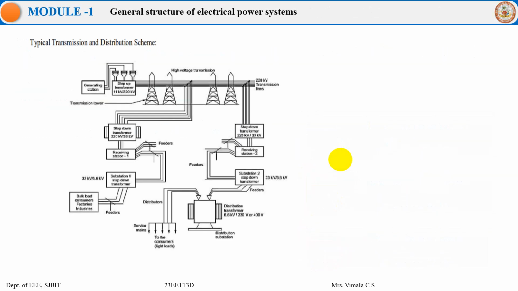So coming to the typical transmission and distribution scheme, you can see we have a generating station where the generating station generates a voltage of some standard electrical voltages like 11 kV, 22 kV, 33 kV. Depending on the standards of generating voltages used, say 11 kV, they first step up using a transformer to 220 kV.